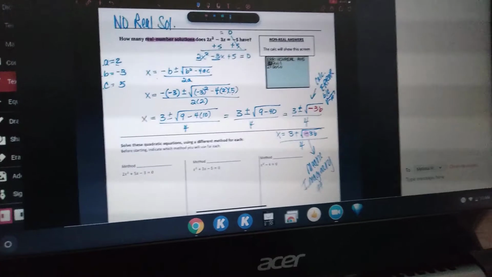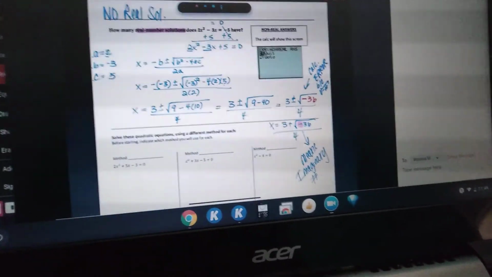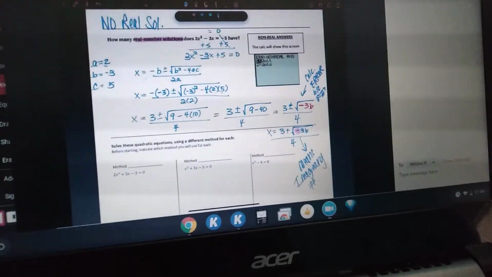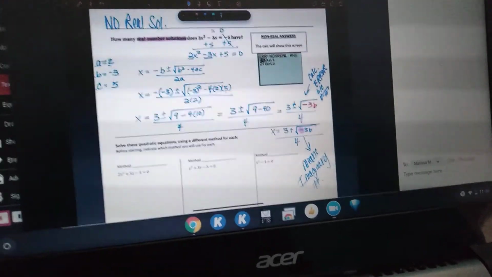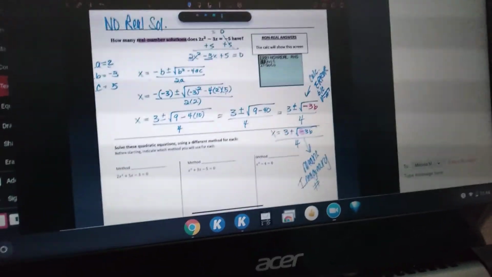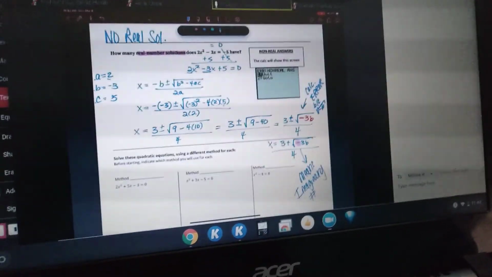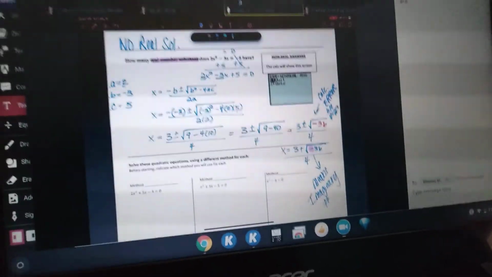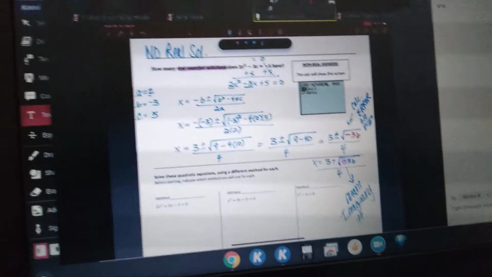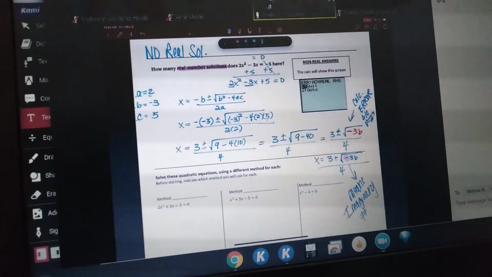Yes, there are such things in math as imaginary numbers. You will learn about them when you are in 11th grade. Everyone understand? What does it mean when I have imaginary numbers for my roots or my solutions?